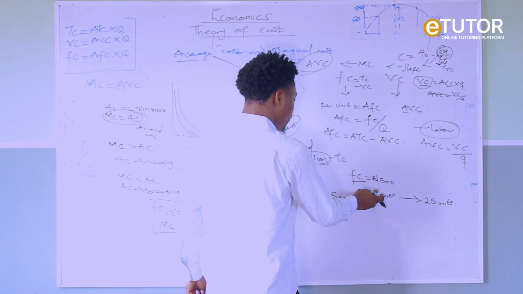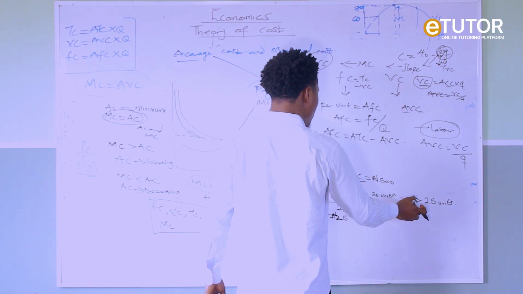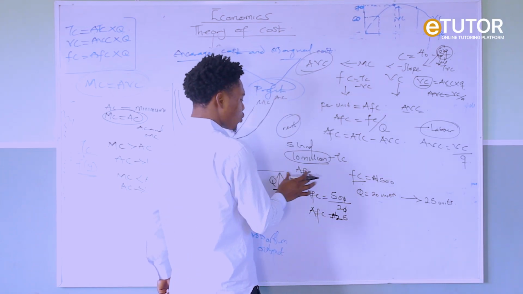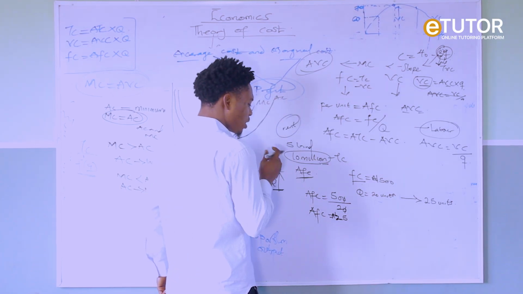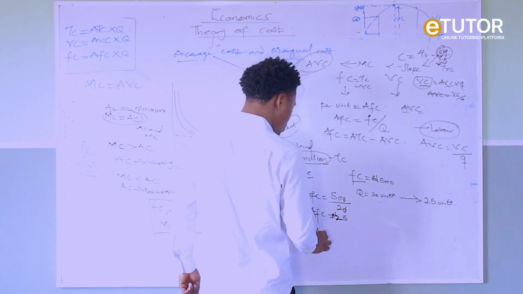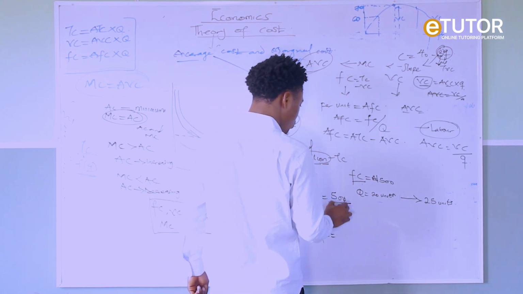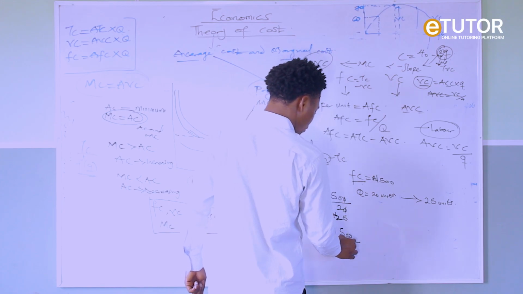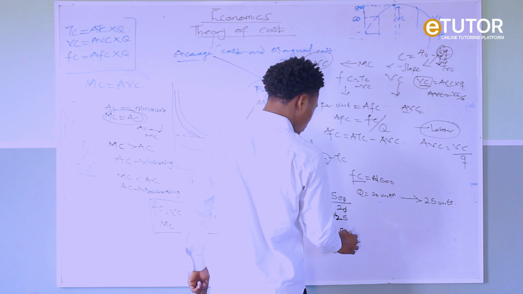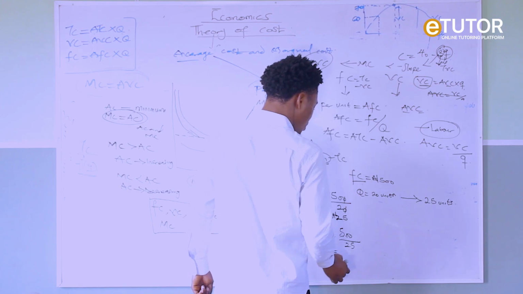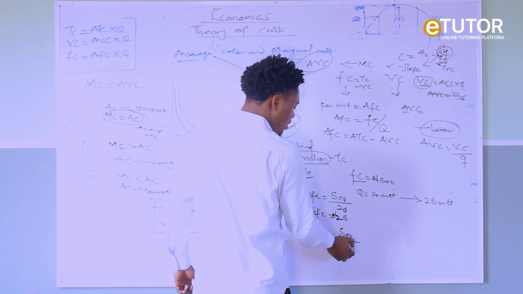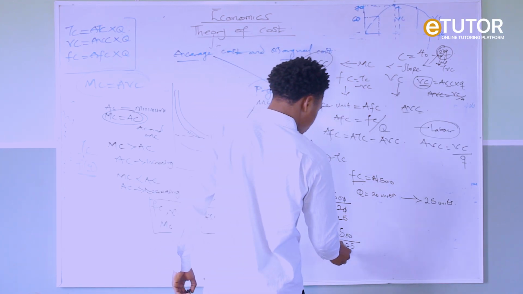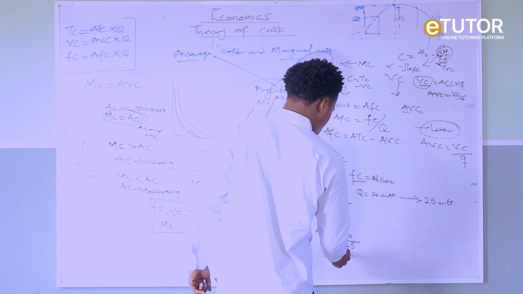Now, if the quantity increases, I want to see if it is going to back up what I said about our average fixed cost, that it will continue to fall as quantity increases. So our new average fixed cost when quantity has increased will now be 500 over 25. 500 divided by 25 will give us 20.